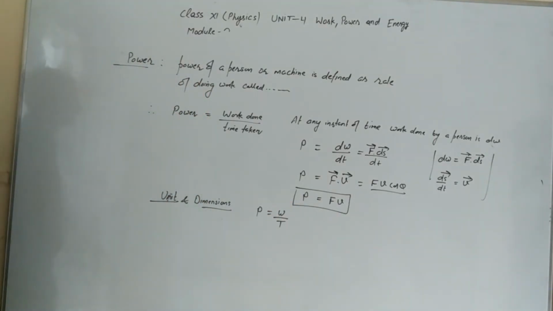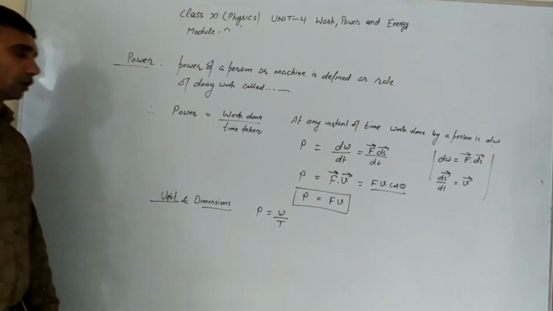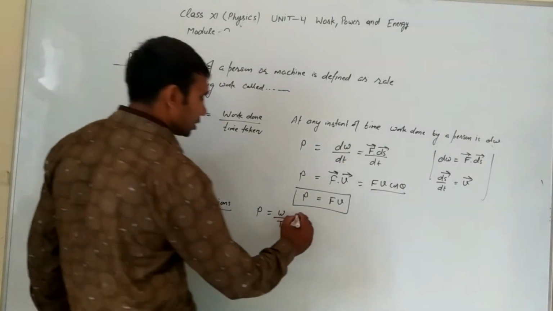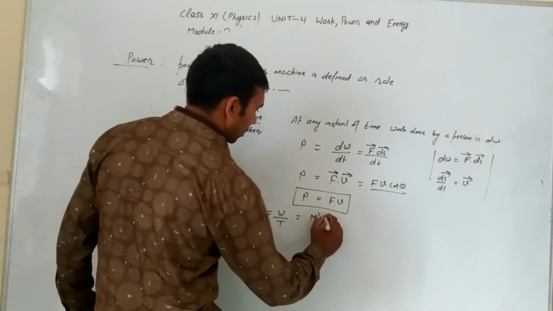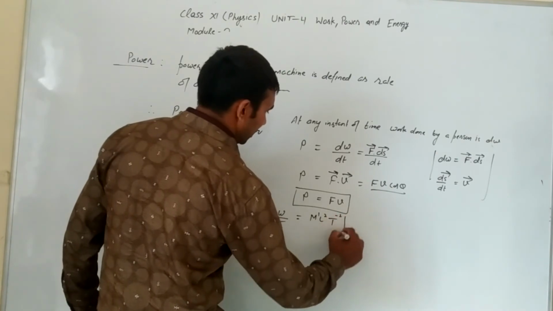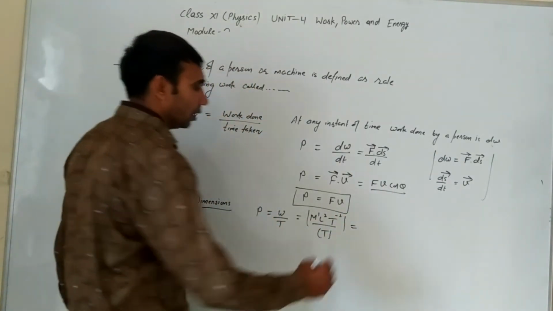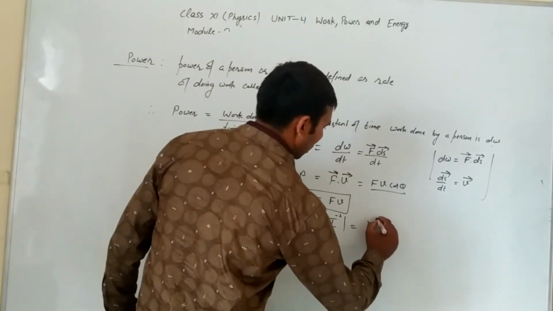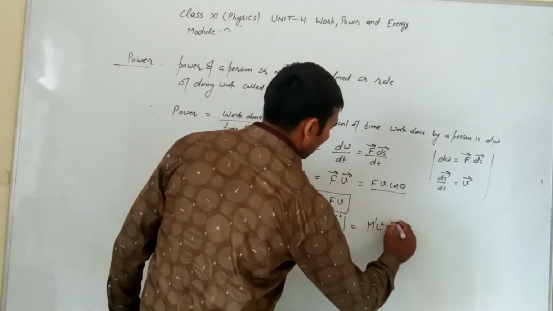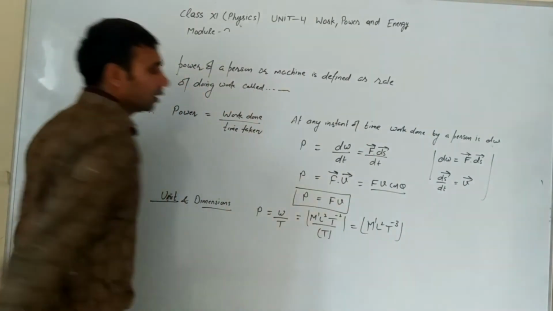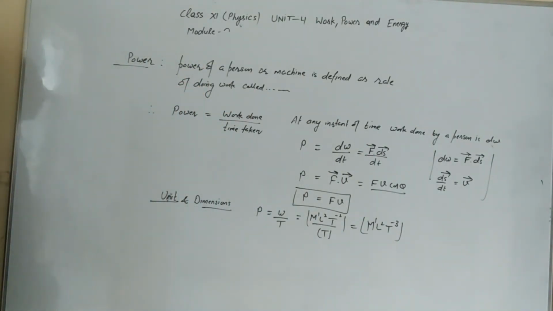The dimensions of work done are M1 L2 T minus 2, divided by time with dimension T, which is equal to M1 L2 T minus 3.